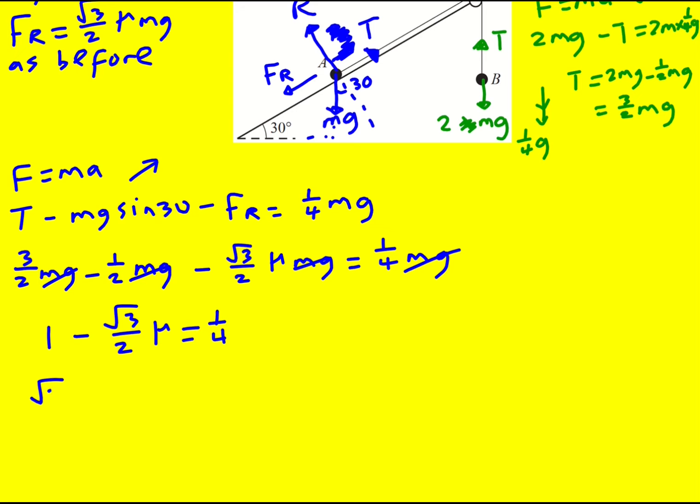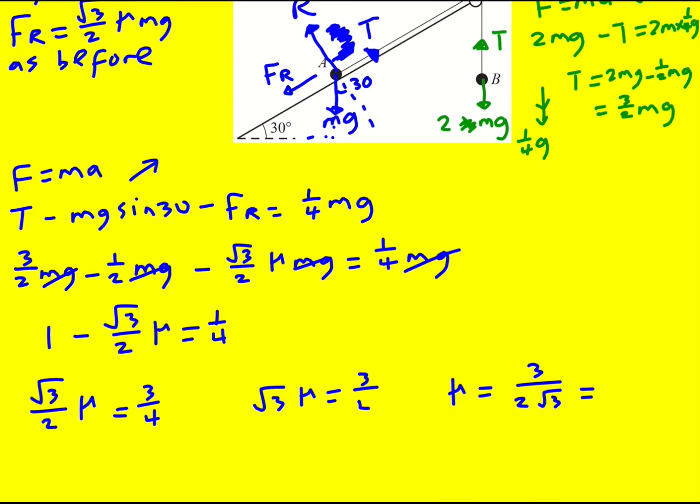And I can rearrange that. So I could multiply through, but in this case, actually, I think it's going to be easier not to. Root 3 over 2 mu is then going to be 1 minus a quarter. That's going to be 3 quarters. So root 3 mu is going to be 3 over 2. Mu is going to be 3 over 2 root 3.